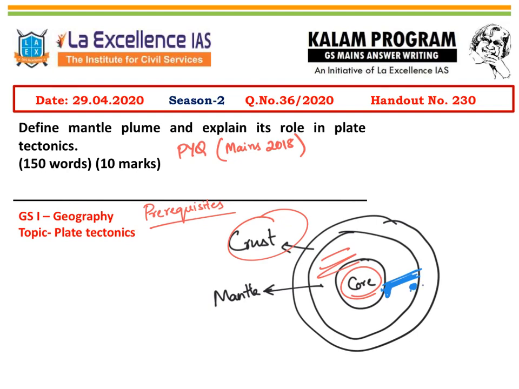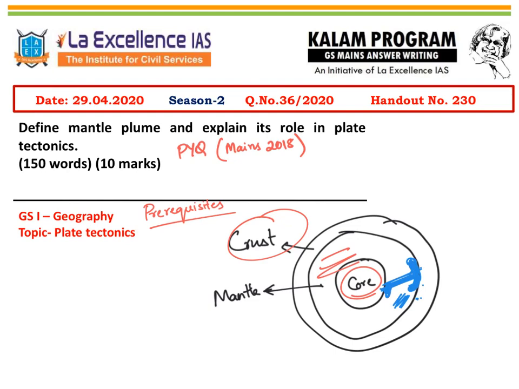This junction is known as asthenosphere here, and this is known as lithosphere. Lithosphere is the crust plus the superficial most part of the mantle, which is the solid part. So from the core towards the lithosphere, this hot rock moves as a narrow column which is known as mantle plume, and at the junction it diverges to form a mushroom shaped cap.